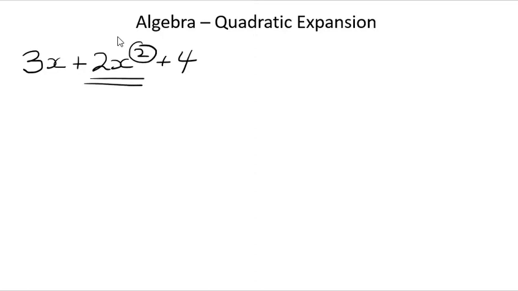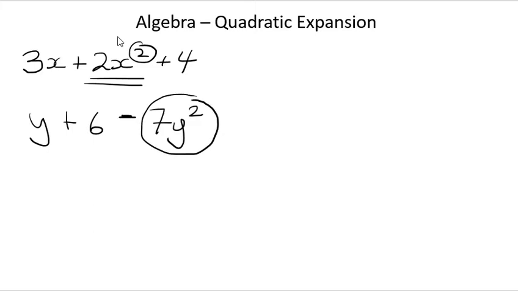It's a square. So, for example, if I said to you y plus 6 take away 7y squared, the moment we see that the highest power is 2, then it becomes a quadratic expression.